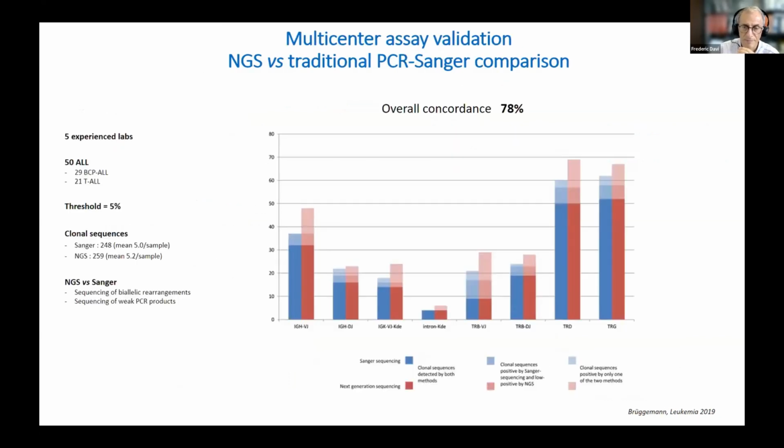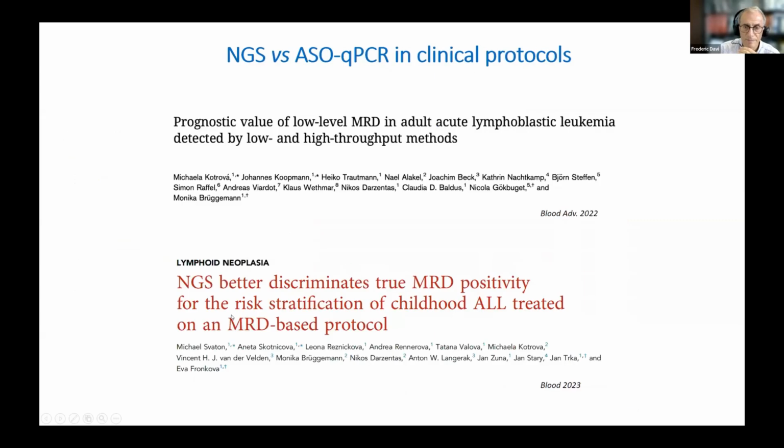clonotypic reads to cells. And there was a multi-center assay validation comparing NGS versus traditional PCR for target identification. This was done by 5 labs on 50 cases of acute lymphoblastic leukemia, which showed a very good concordance, 78%, with a tendency that NGS would identify more targets than conventional Sanger.